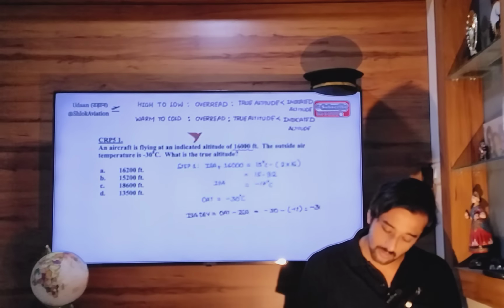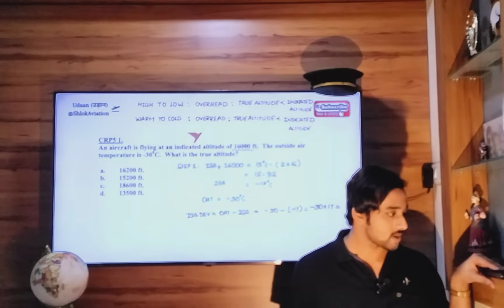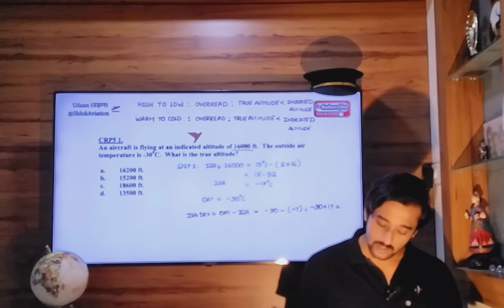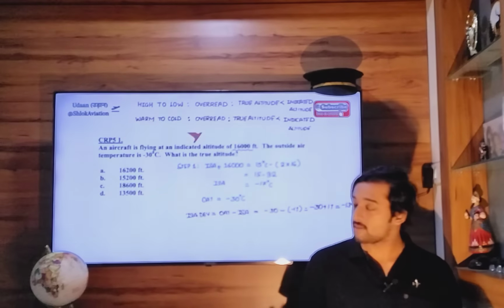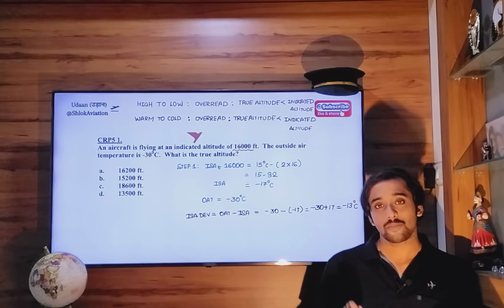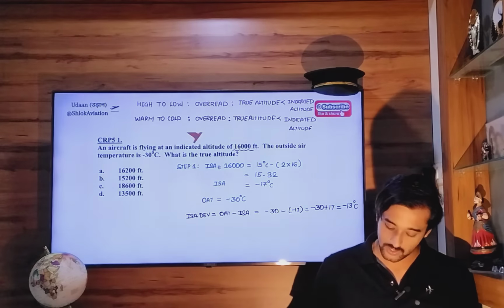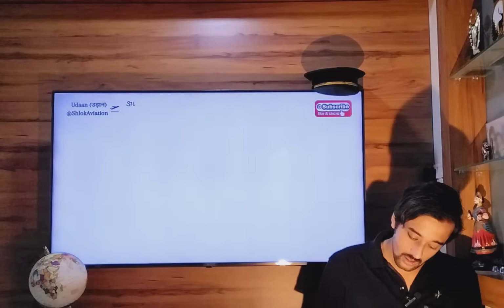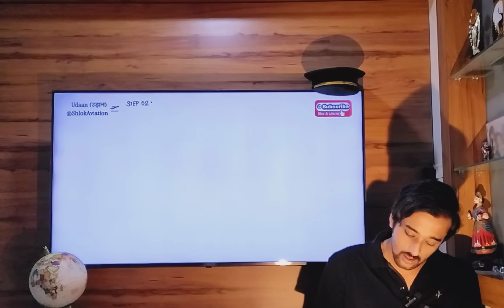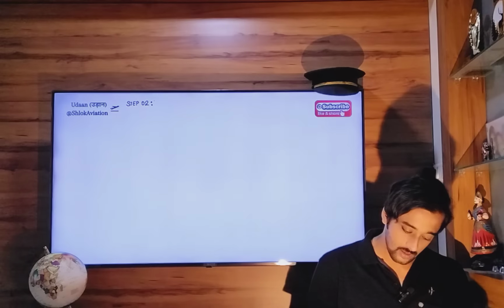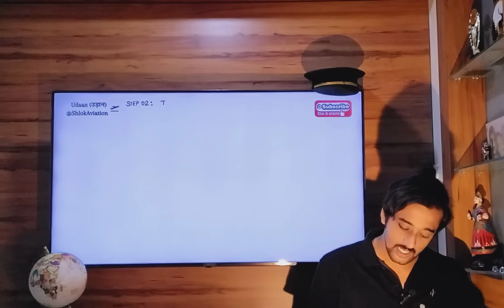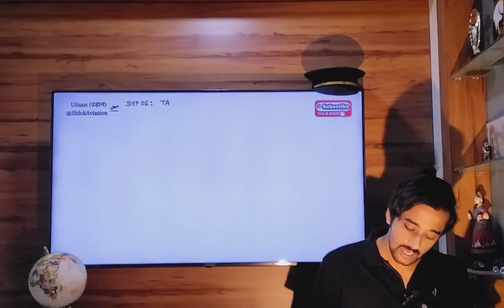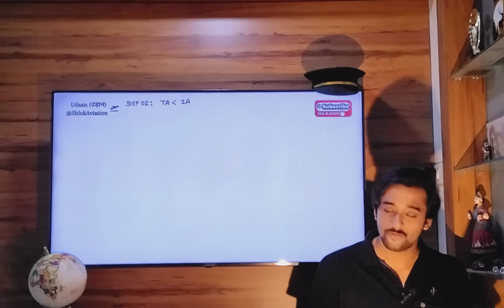So minus 30 plus 17 is equal to what? Minus 13. So that means outside air temperature is colder than ISA by 13 degrees Celsius. Step number two, we all know since it is colder than the ISA temperature, true altitude will be less than indicated altitude, right?